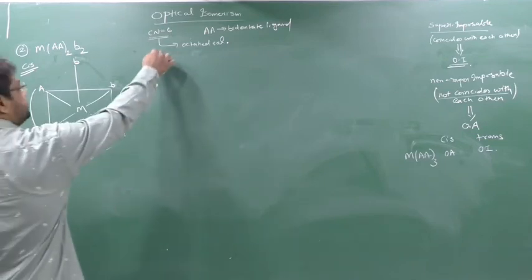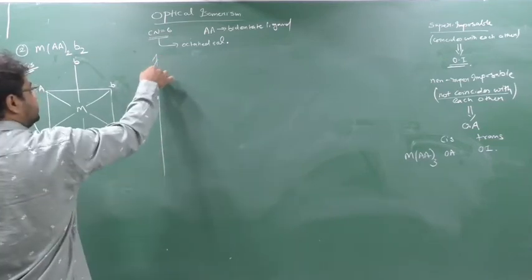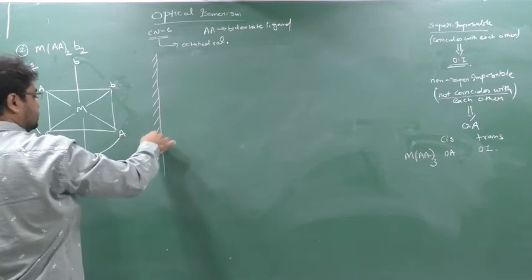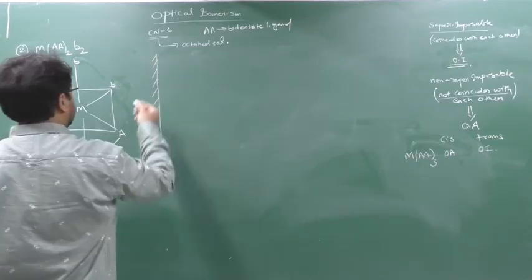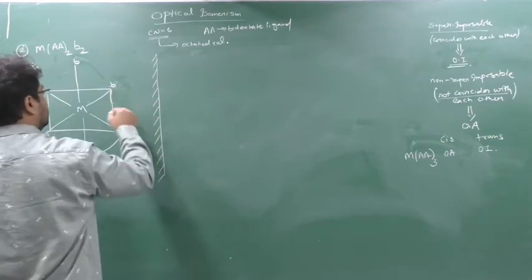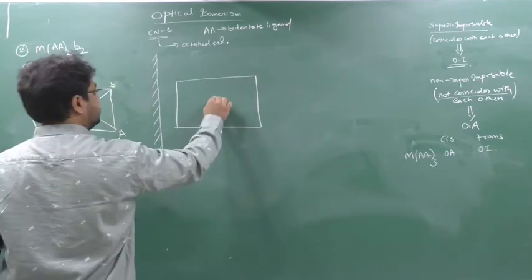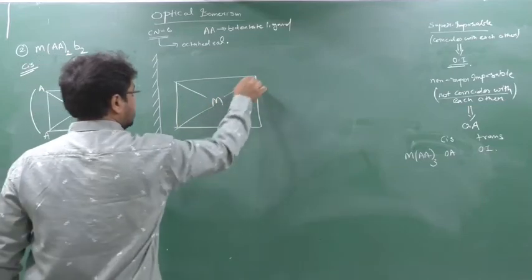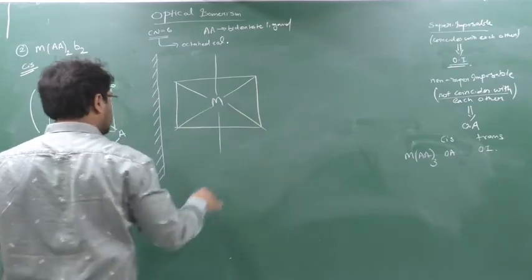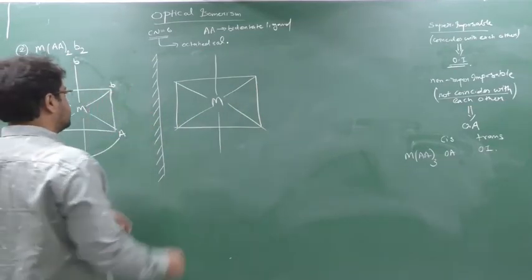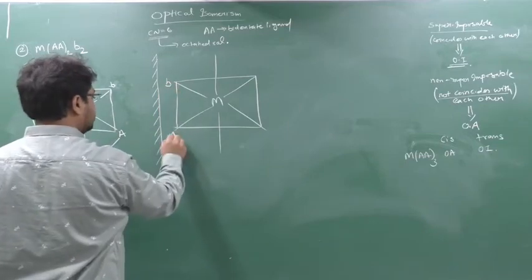Now take a mirror image. When I take the mirror image, this is M. What is on the second portion will come here on the first portion. So here B will come, here A will come.